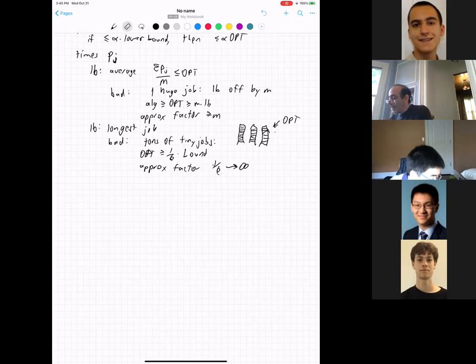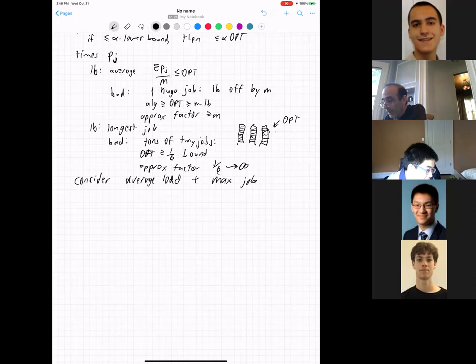Let's consider the sum of these two lower bounds. Perhaps these will cover each other.